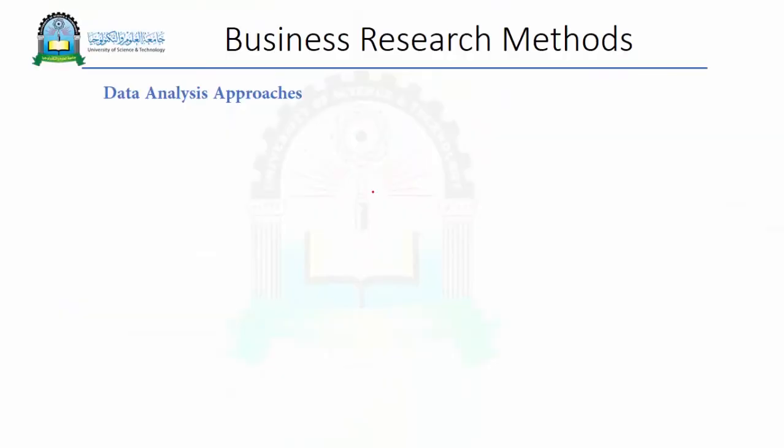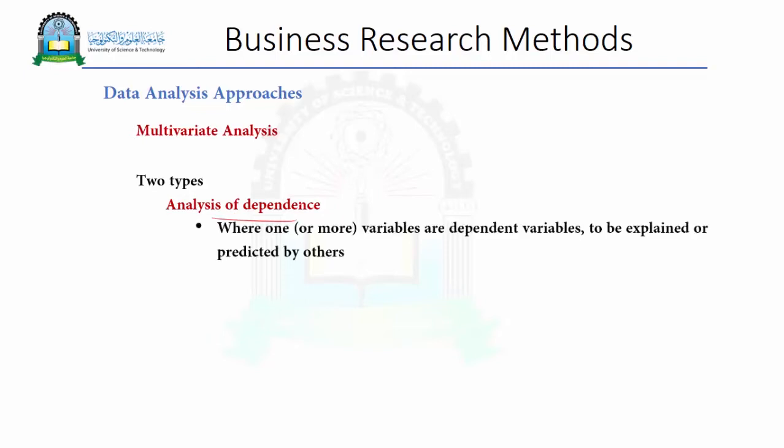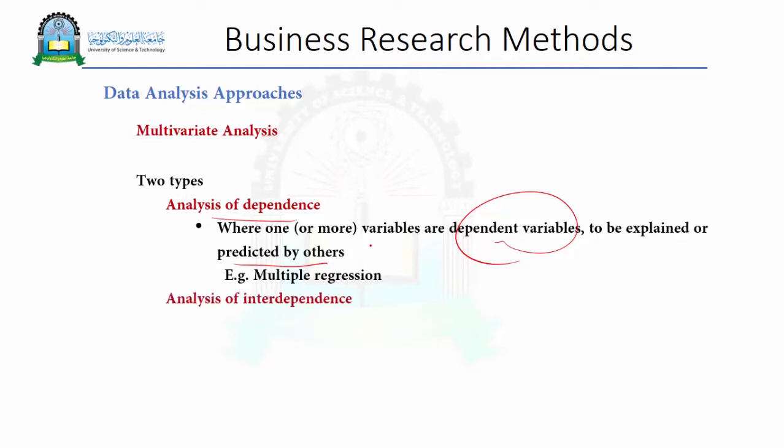The multivariate analysis also has two types. The analysis of dependence, where one or more variables are dependent variables to be explained or predicted by others, so different variables as independent variables and different ones as dependents, like the multiple regression I have just talked about.